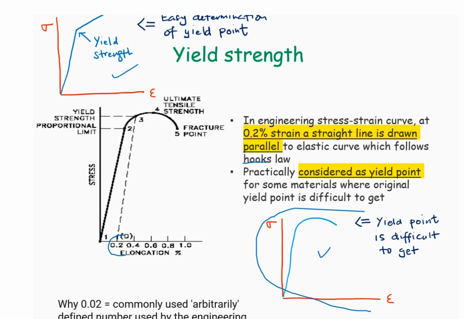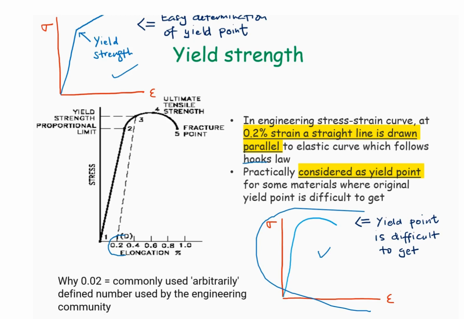Because it is a standard convention in engineering. 0.2% is a commonly used, arbitrarily defined number used by the engineering community, and we want to ensure consistent and objective determination of yield strength. This is especially helpful for materials with an unclear yield point, like what we can see in the graph here.